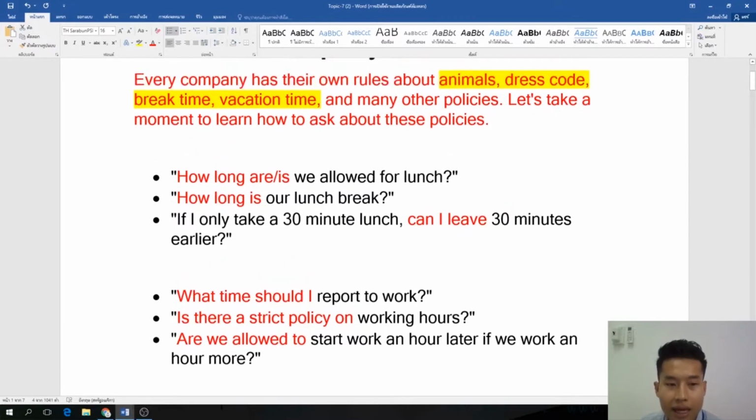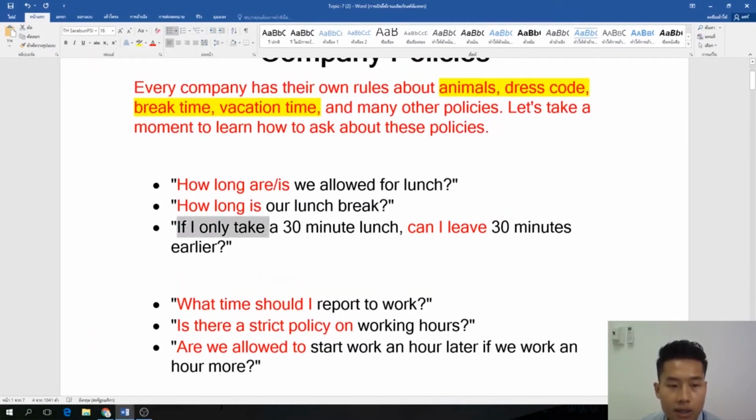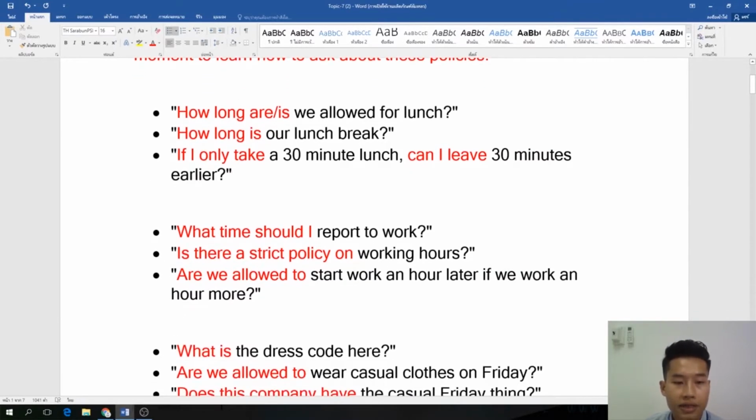And number 3, if I only take 45 minutes, 30 minutes, 15 minutes, based on your situation here. If I only take, can I leave? And then what time should I?